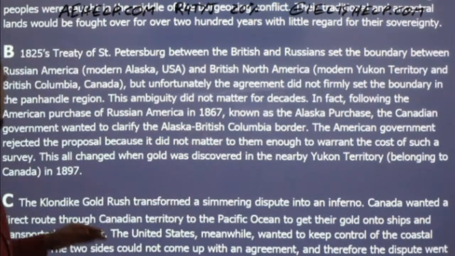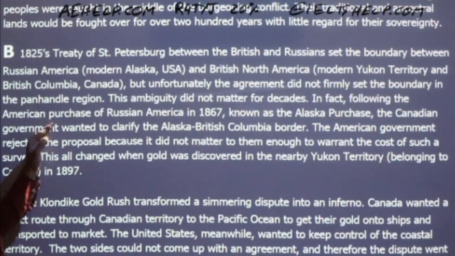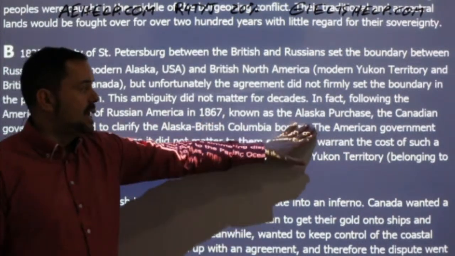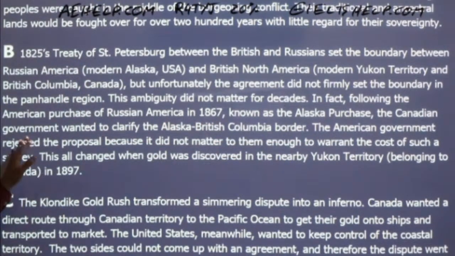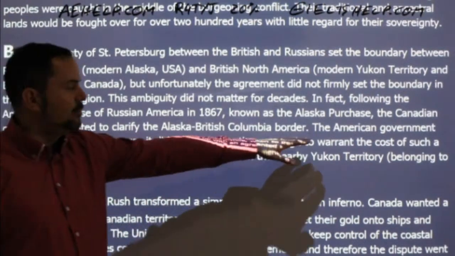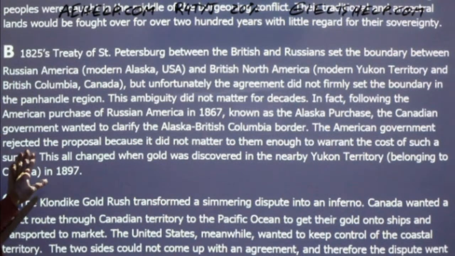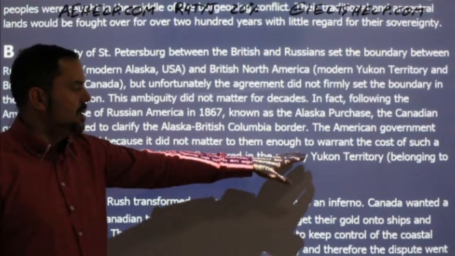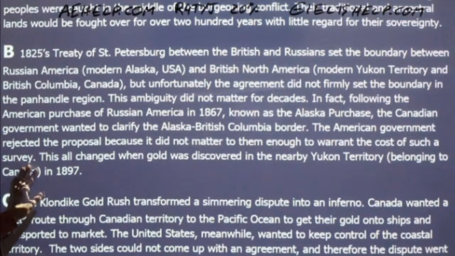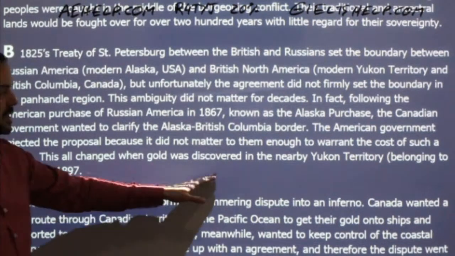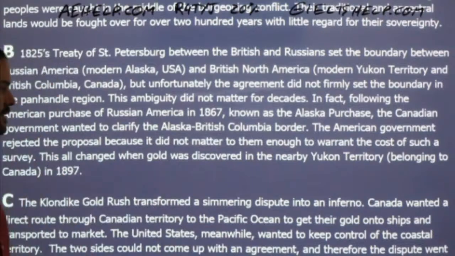In fact, following the American purchase of Russian America in 1867, known as the Alaska Purchase, the Canadian government wanted to clarify the Alaska-British Columbia border. The American government rejected the proposal because it did not matter to them enough to warrant the cost of such a survey. This all changed when gold was discovered in the nearby Yukon Territory, belonging to Canada, in 1897.